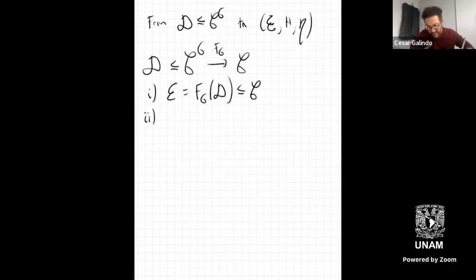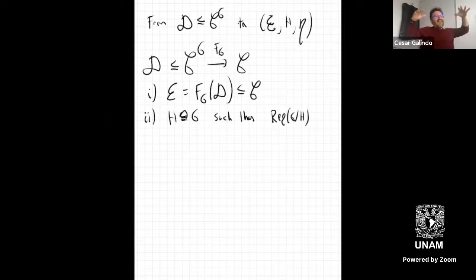And now the normal subgroup is defined by the following condition. Remember that the tensor subcategories of the category of representations of a group are in correspondence with normal subgroups.